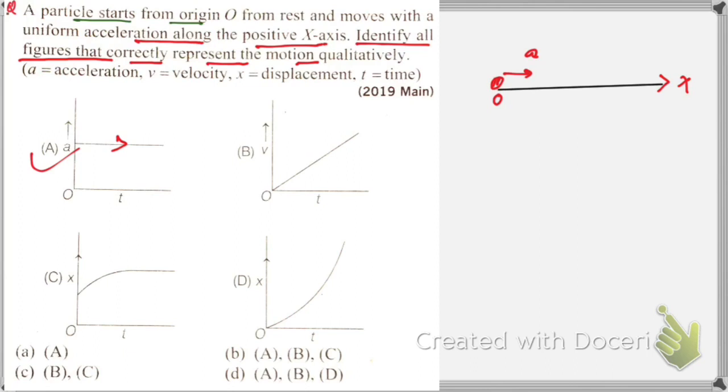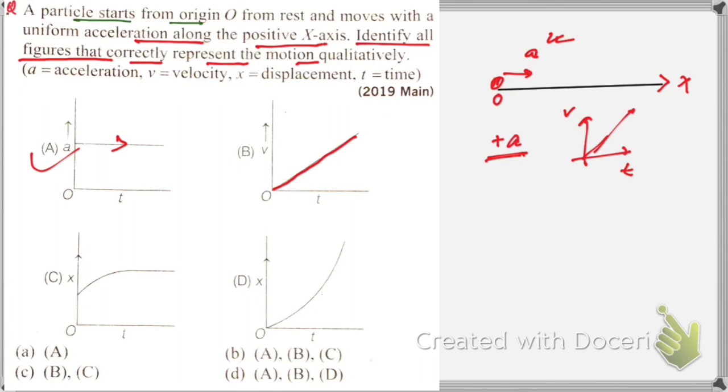Now, as the object is moving with uniform acceleration, the velocity time graph should be this. This is correct because we have already discussed the graphs when an object is moving with positive uniform acceleration, then the velocity and time graph is something like this. We have already discussed these things, right?